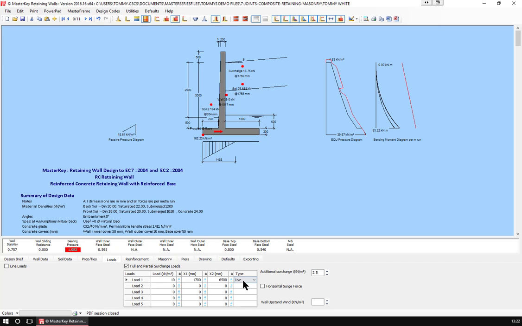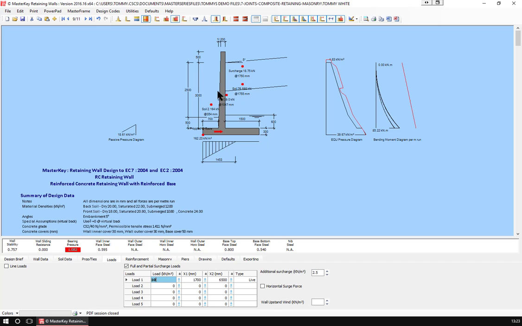So we can apply those, and we could apply two of them and separate out the deads and the live because of the factoring. And you'll see that you do get a change in the pressure equilibrium diagram because of the surcharge and then the partial surcharge giving us a little kick and drop as it comes into play and then as applied, and then there's no more of it, so it does a relaxation.